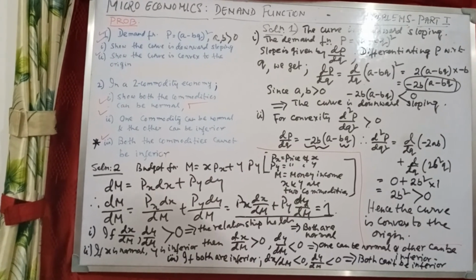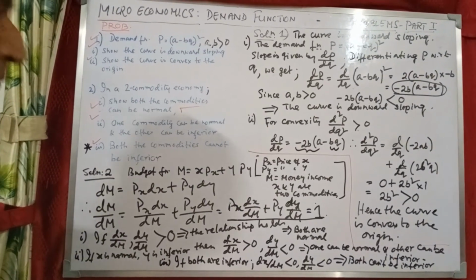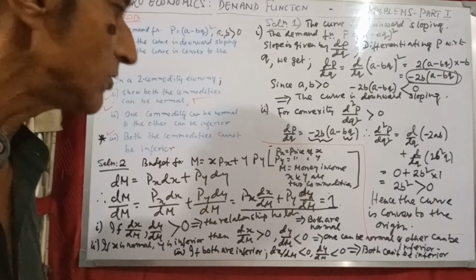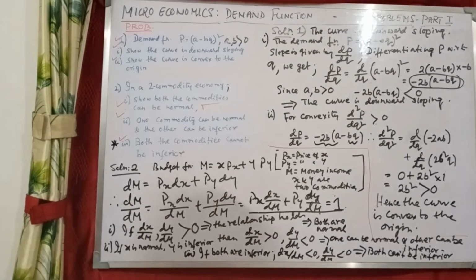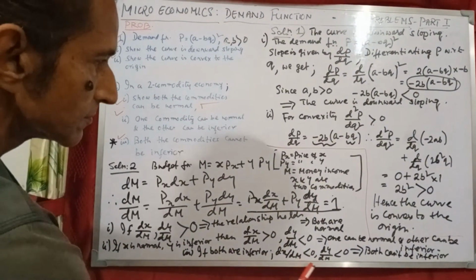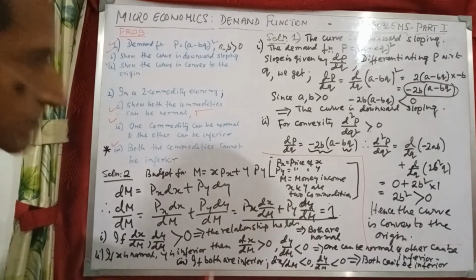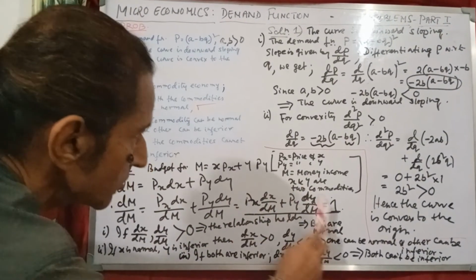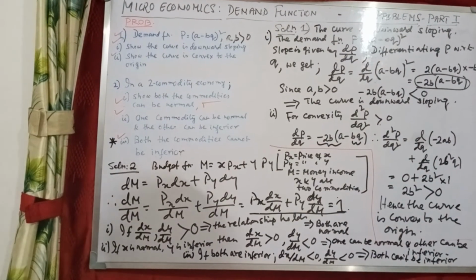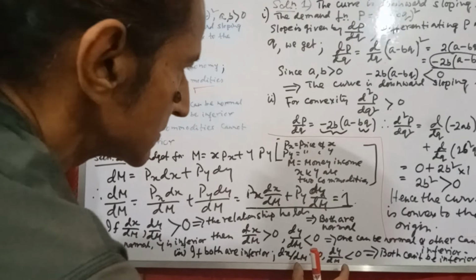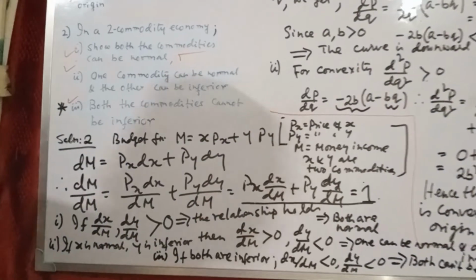If x and y both are inferior goods, then dx/dm and dy/dm both will be less than 0, that is, both are negative. Then this relationship cannot hold good, because the sum of two negative things cannot make a positive thing.